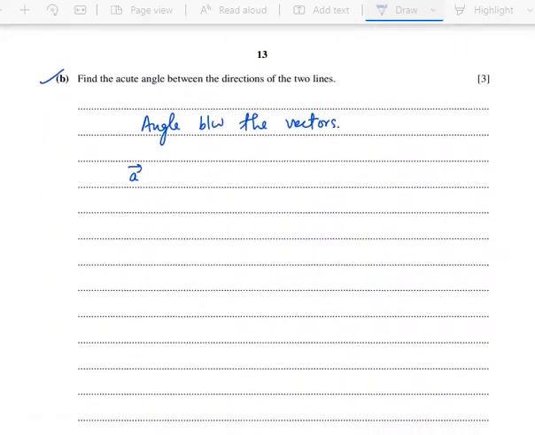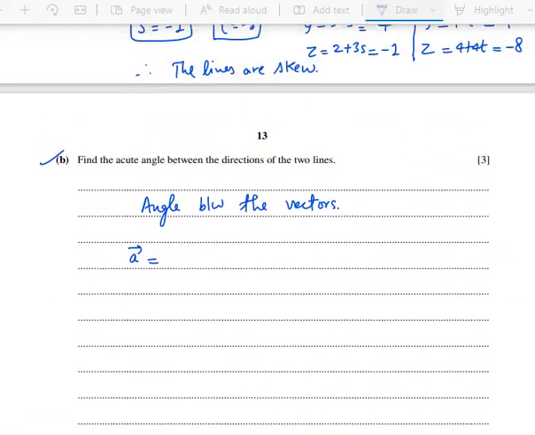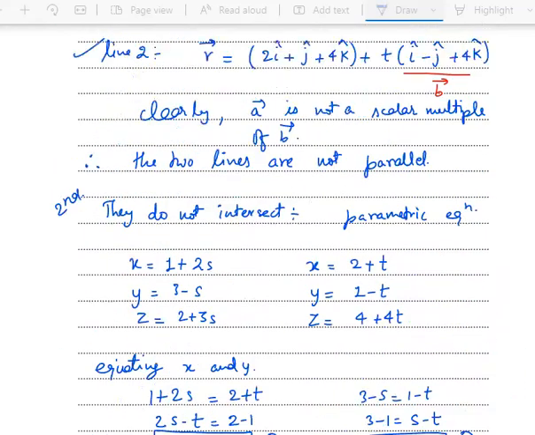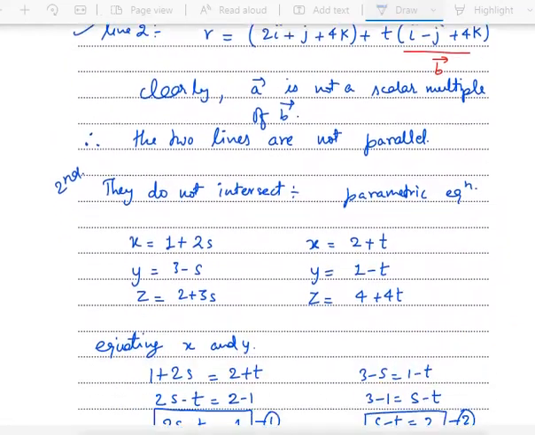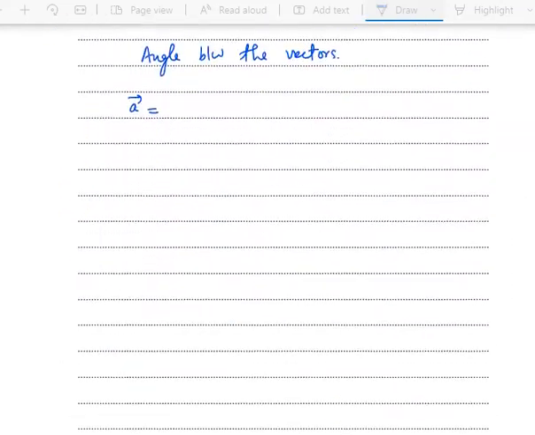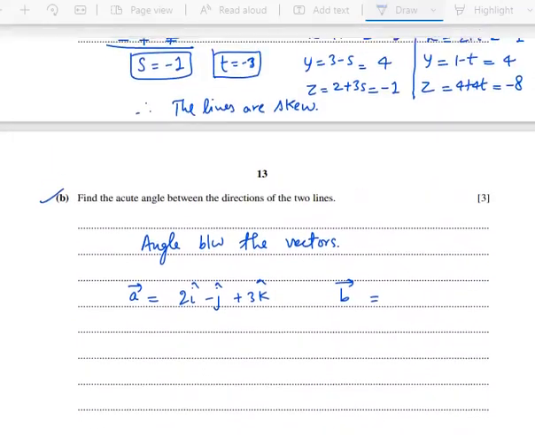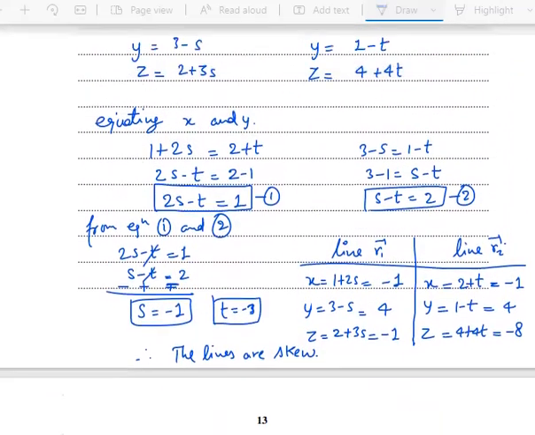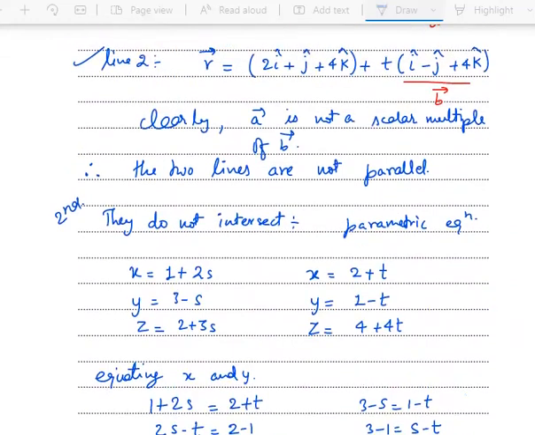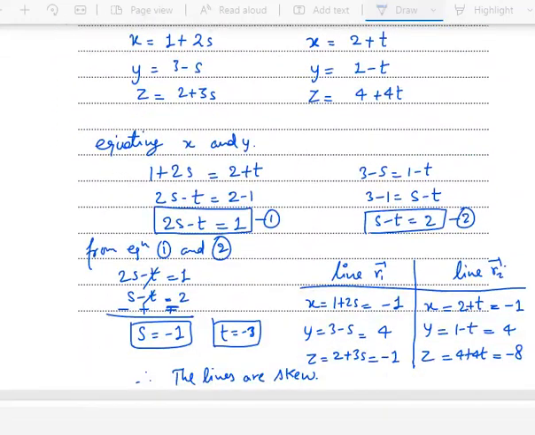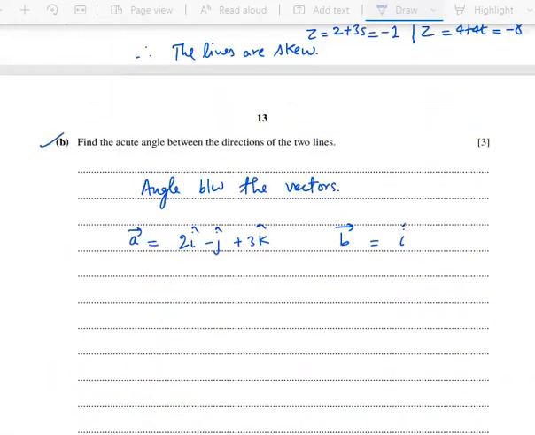So what is vector a? Vector a is given to us as 2i minus j plus 3k, and vector b is given to us as i minus j plus 4k.